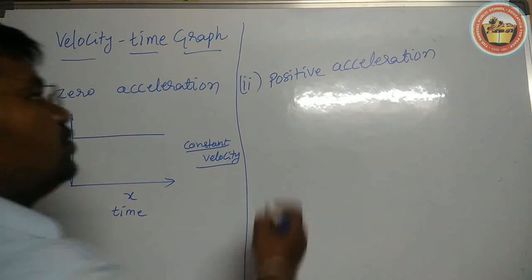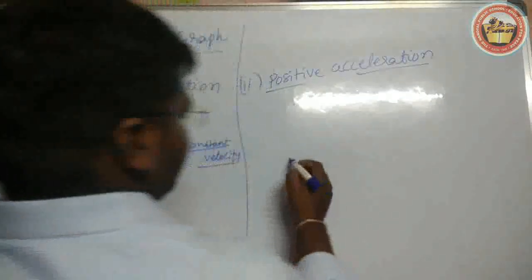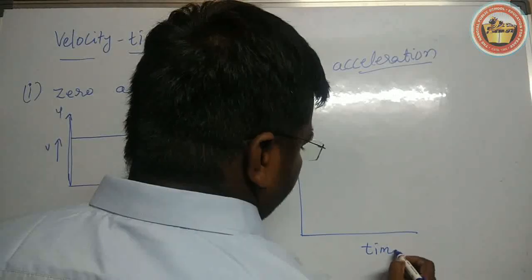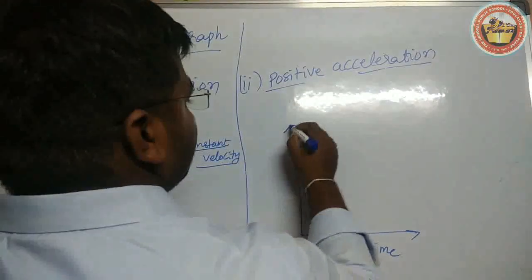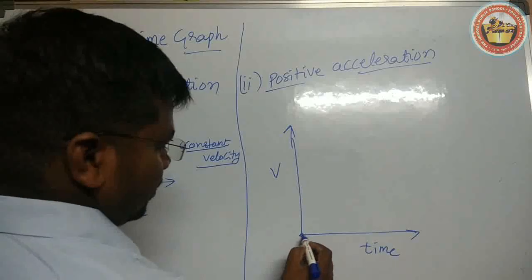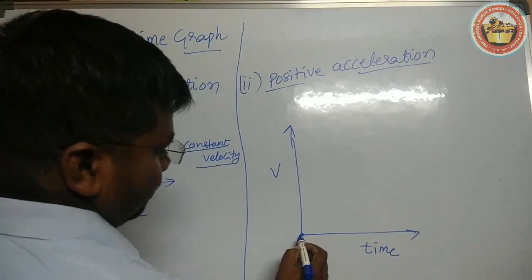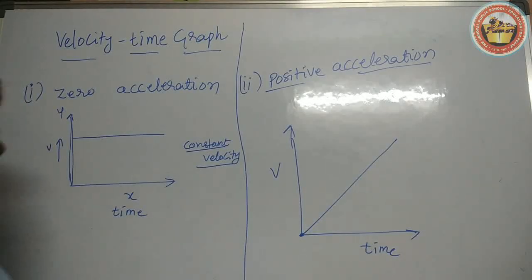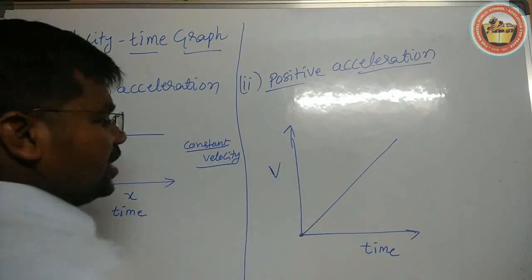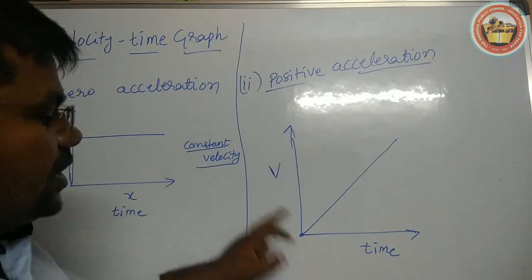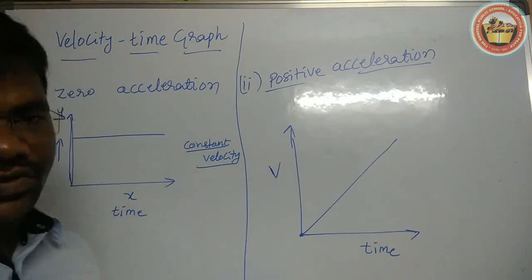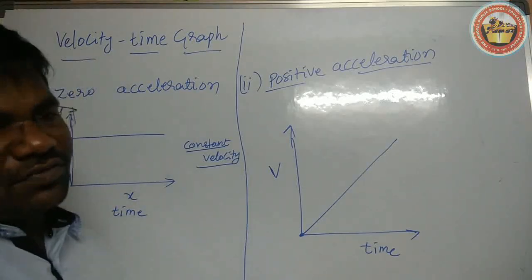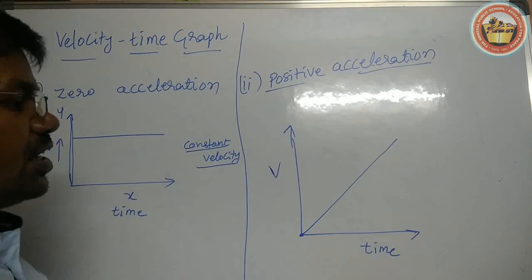For uniform or positive acceleration, the graph is like this: time on the x-axis, velocity on the y-axis. The graph is a line passing through the origin. It means equal change in velocity in equal intervals of time. Understand? Equal interval of time.